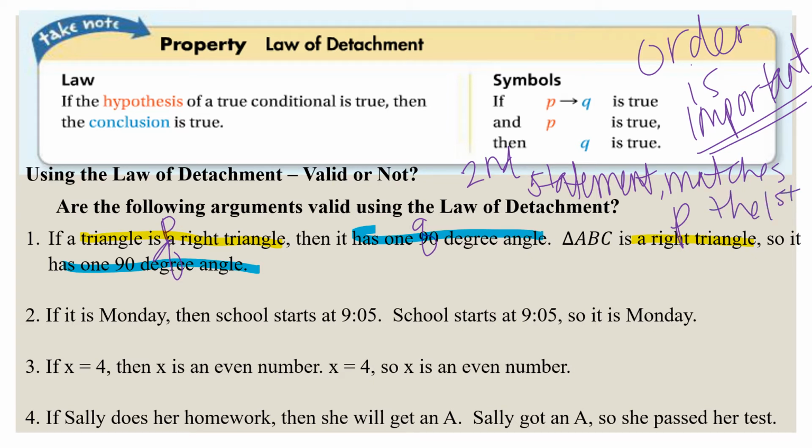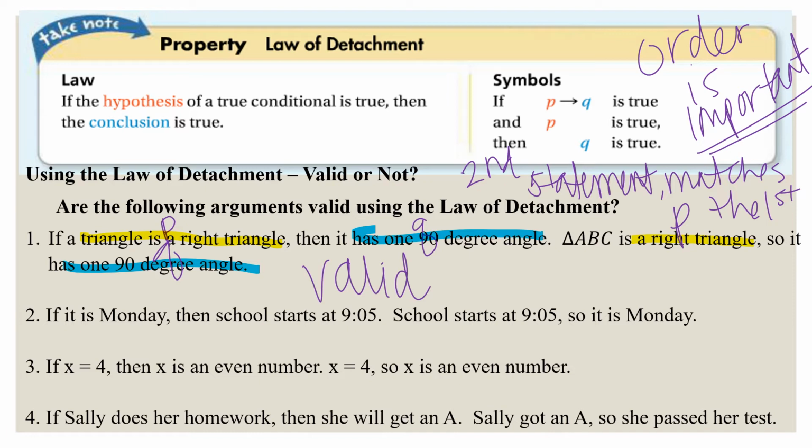So if you look at number 1, my statements match, so that means that it is valid. My P, which is triangle is a right triangle, then I have my Q, which is 90-degree angle. My second sentence said exactly the same thing, just using different words, but my P was still a right triangle, my Q was still a 90-degree angle, so it's valid.